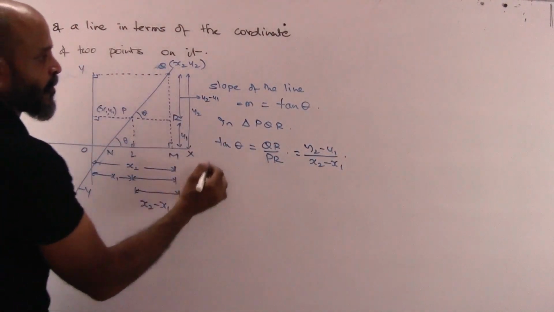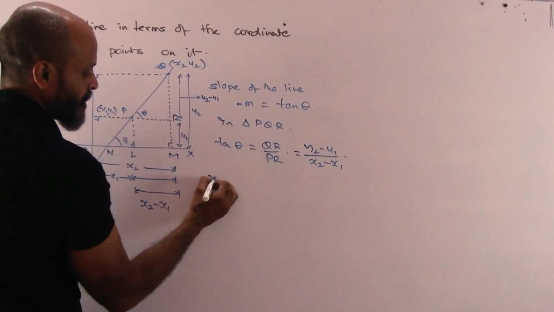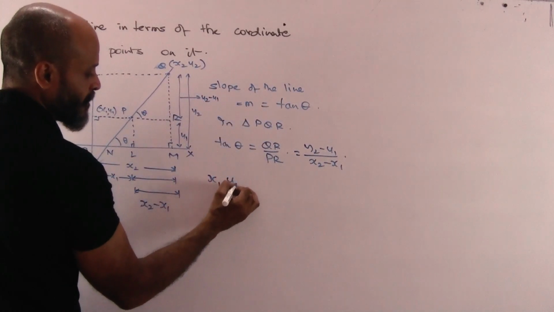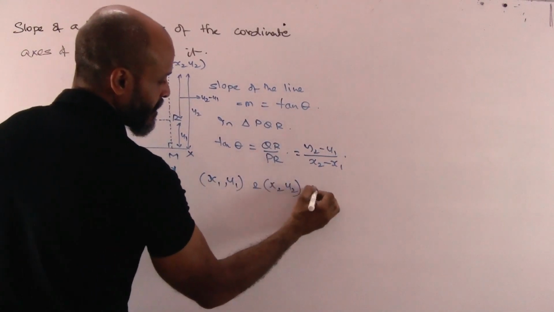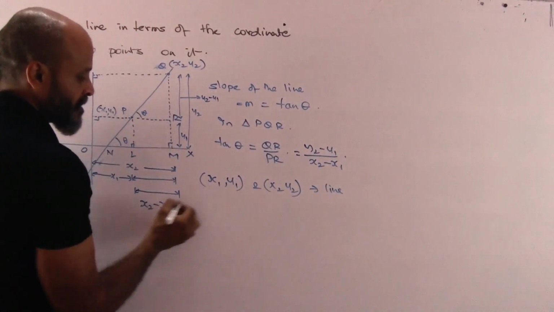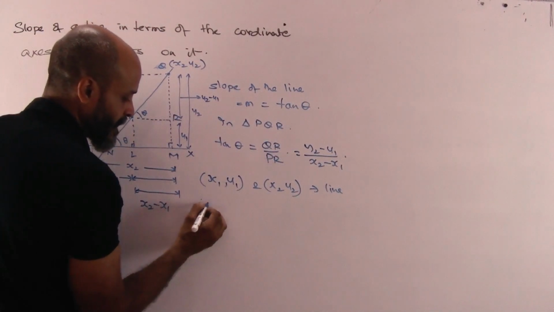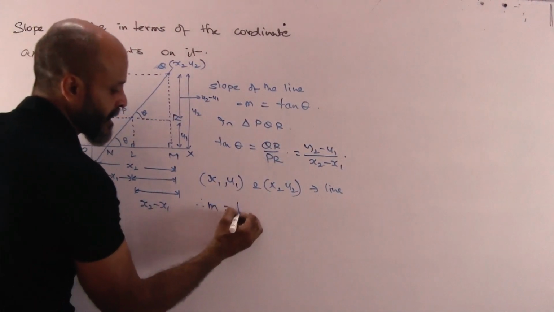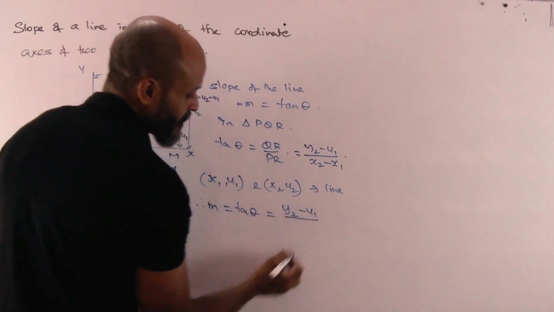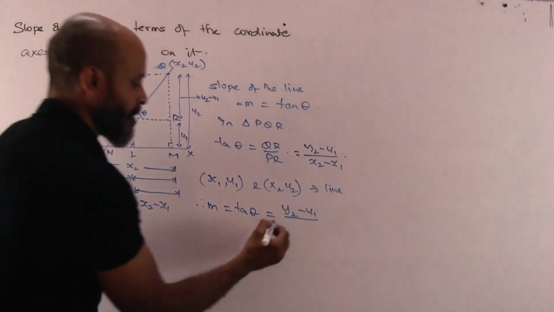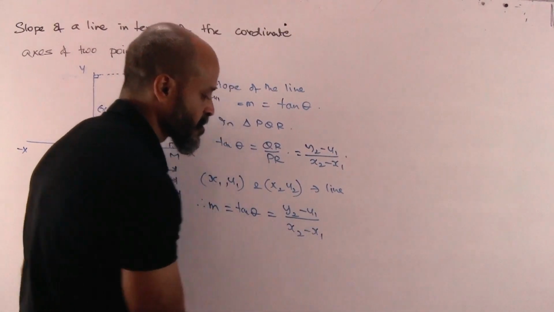So for any 2 points which have coordinates x1, y1 and x2, y2, and they belong to a line, we can find out the slope of this line as tan theta, which will be equal to the difference between their y coordinates upon the difference between their x coordinates.